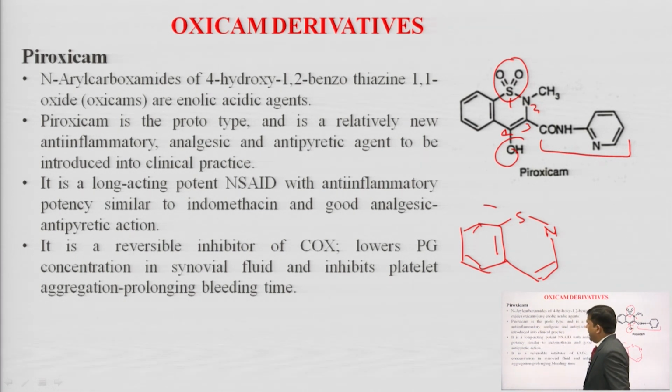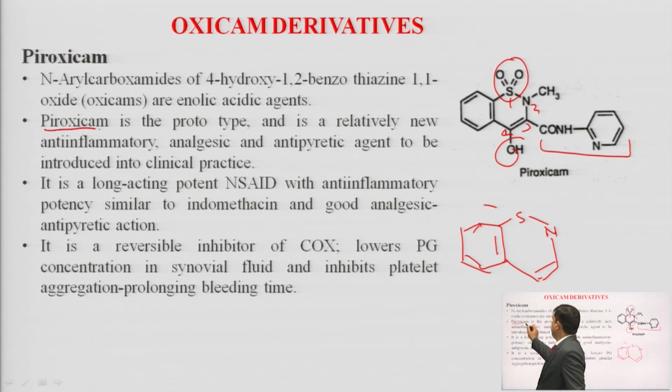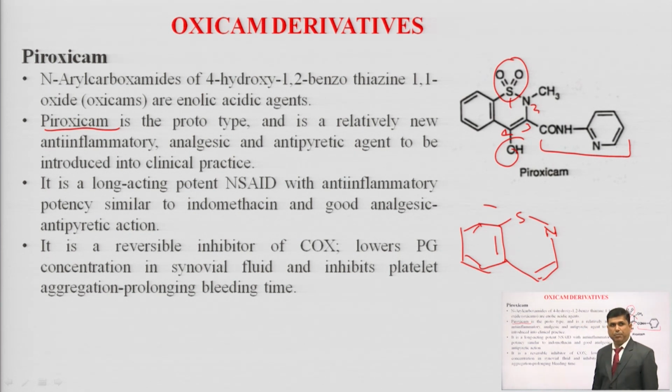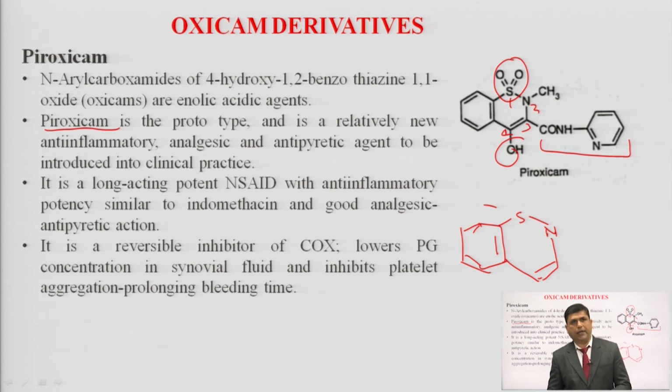The examples include PIROXICAM. Piroxicam is a prototype and is a relatively new anti-inflammatory, analgesic and antipyretic agent. It is a longer-acting potent non-steroidal anti-inflammatory drug with anti-inflammatory potency similar to indomethacin, and it has very good analgesic and antipyretic action.